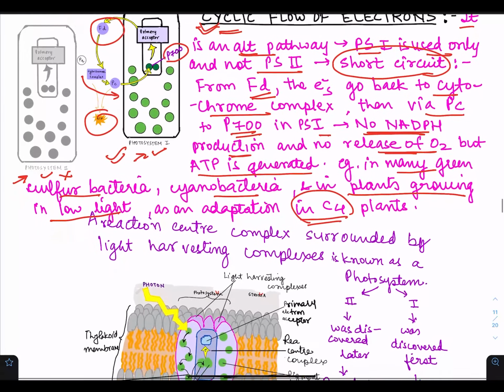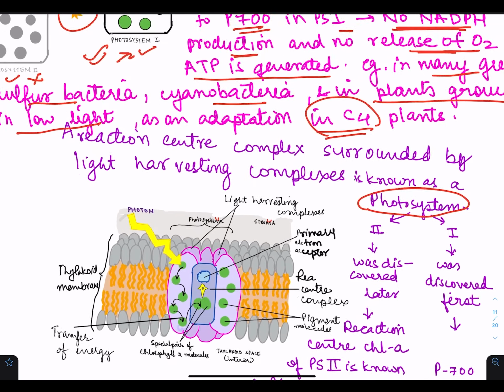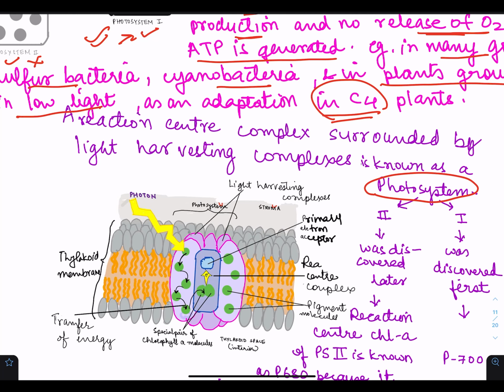Now we study what these photosystems actually are. So we come back to the diagram of the thylakoid membrane. A reaction center complex is surrounded by light harvesting complexes. These are the light harvesting complexes, and this is the reaction center complex.